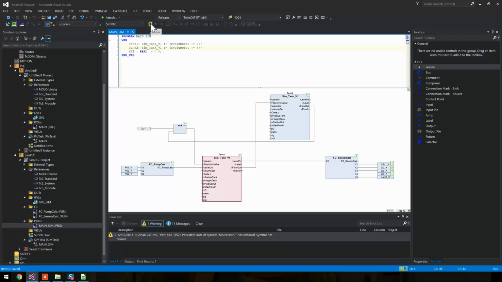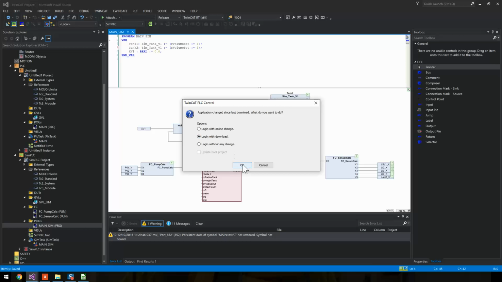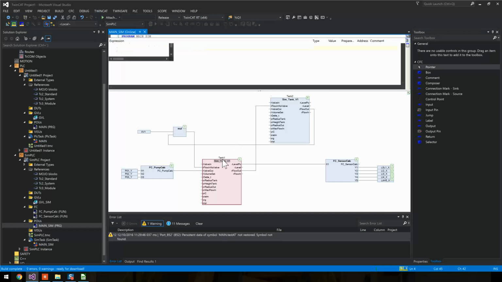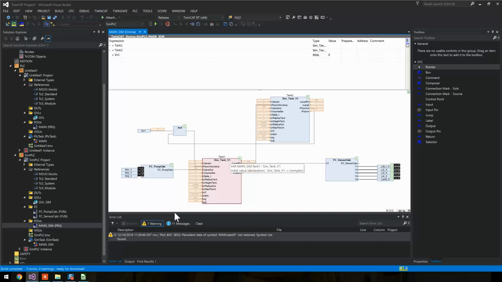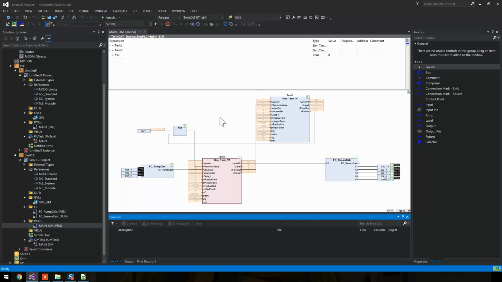See what happens. So the level now is 100% and 100%, so maybe that's not a good idea.